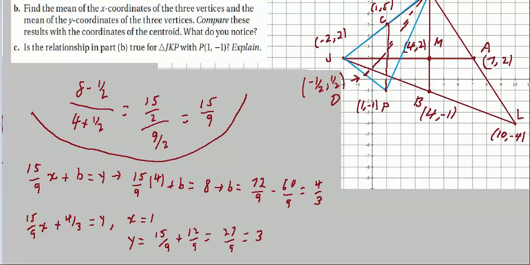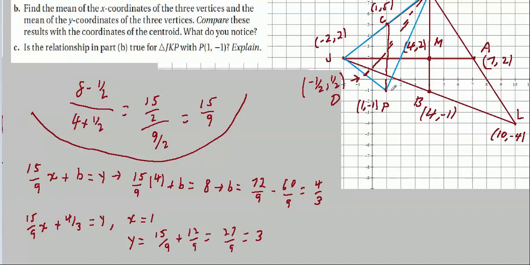Well, this line is vertical. No need to even try to compute a slope. We already know there is no slope for a vertical line, and the equation for this line is just x equals 1. It just goes up and down here. X equals 1, and y is anything at all.